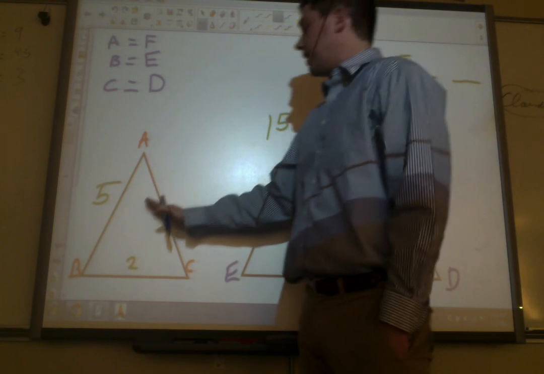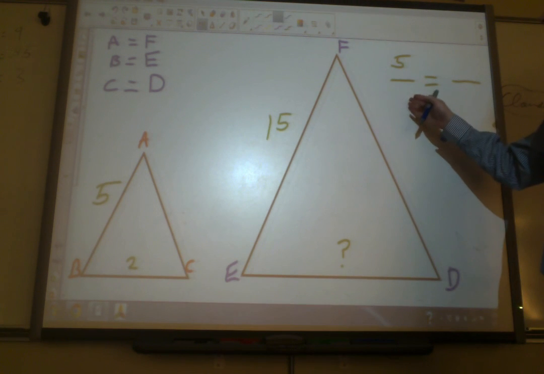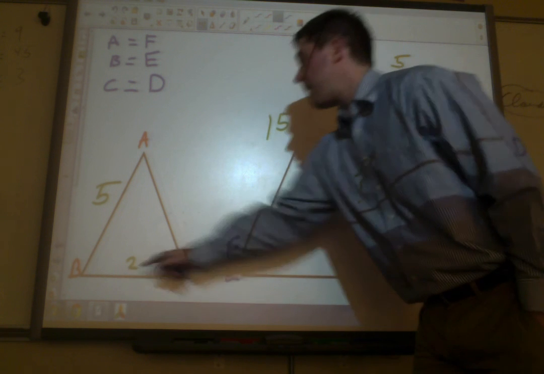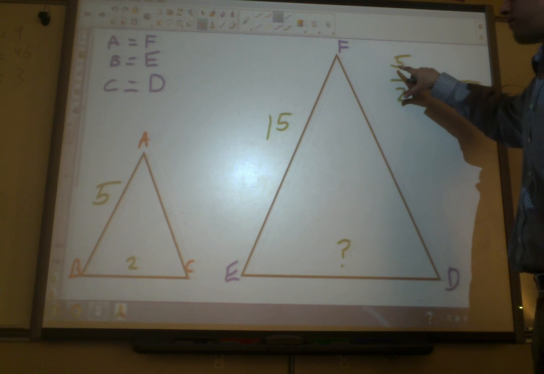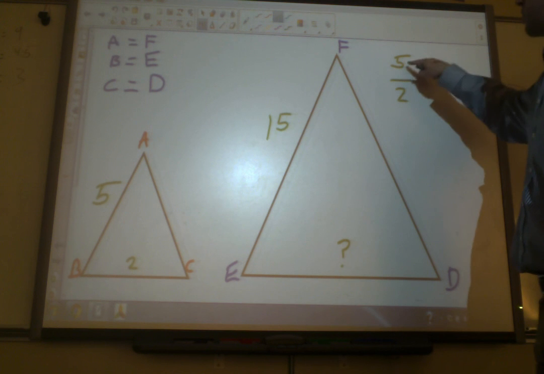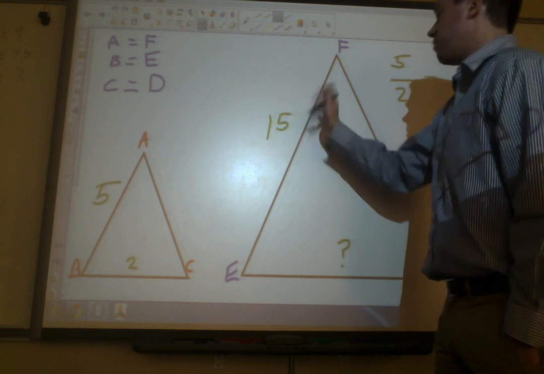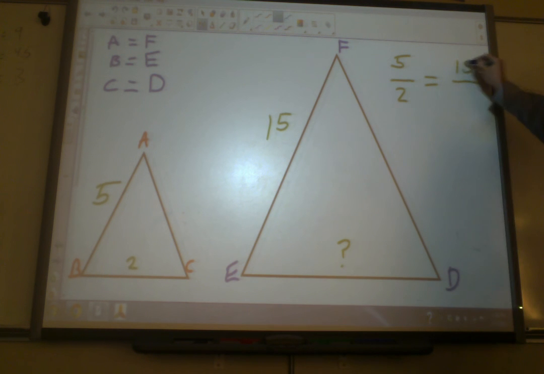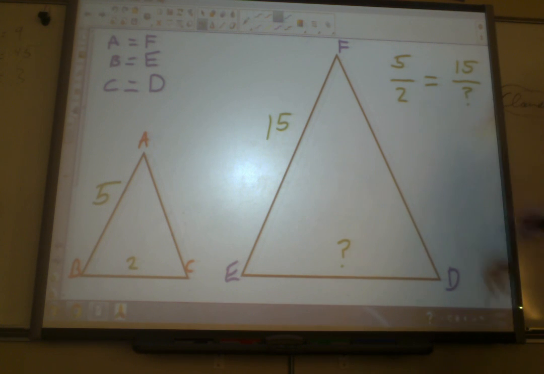Now this is the little triangle left side. So below it we're going to put the little triangle bottom side. It matches because they're both from the little triangle. That means across from this, we had the left side was 5, so we've got to use the left side now of the big triangle, 15. And our variable, the thing we don't know, is going to go on bottom.